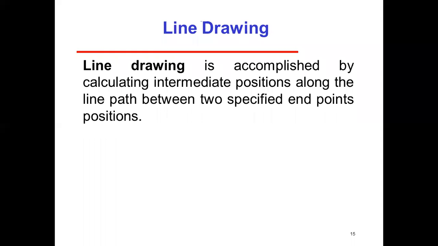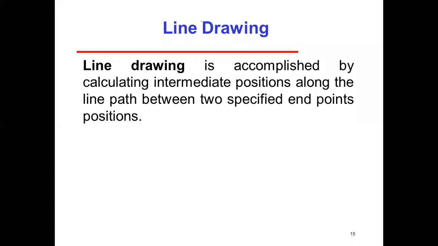Now, line drawing is accomplished by calculating the intermediate positions. So how can we calculate that intermediate position or line path between two specified endpoints? If we are aware of the initial point and end point, then we can draw a straight line.